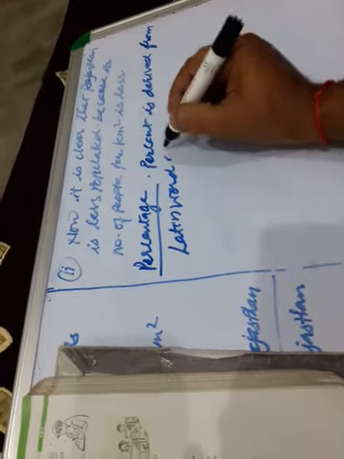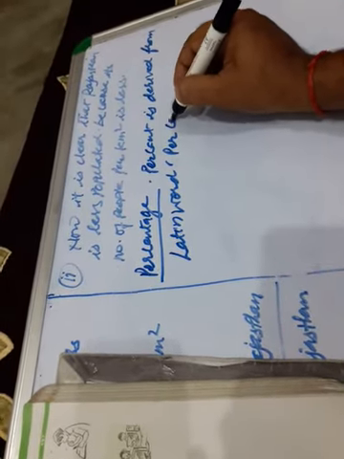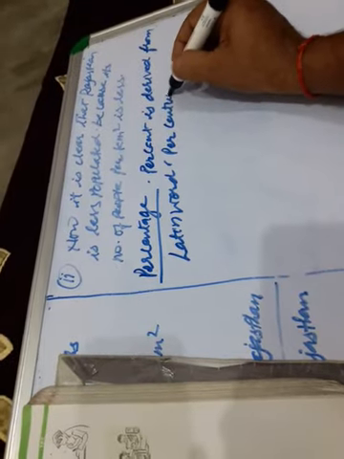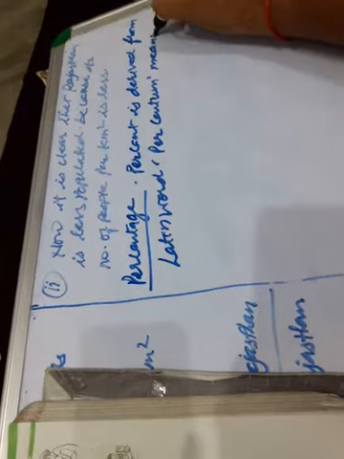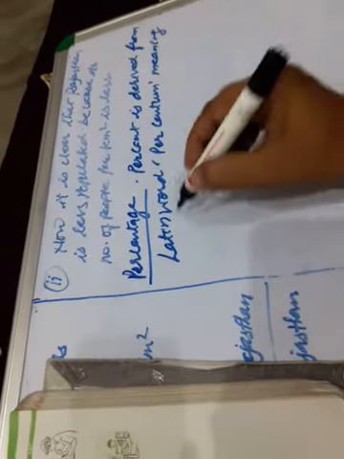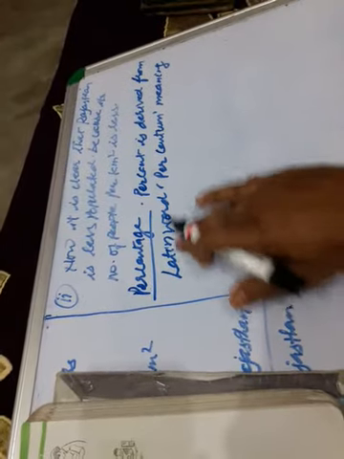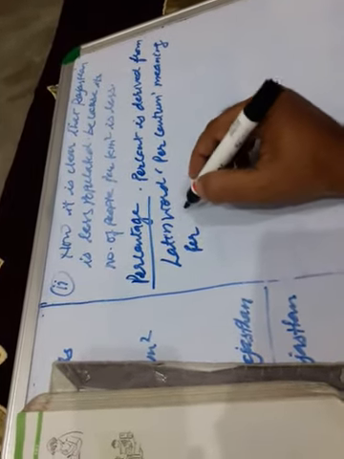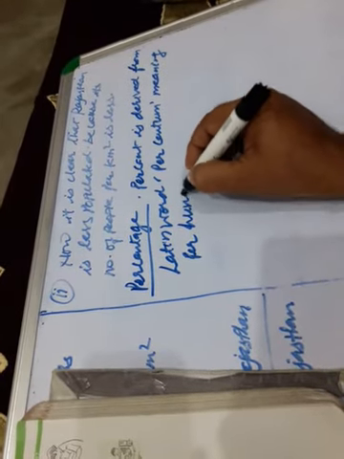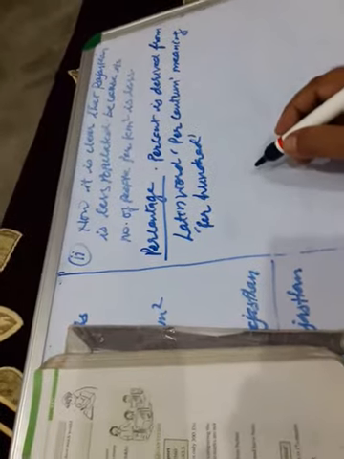Its original word is percentum. What is its meaning? Percentum means per 100. It is per 100. So how can you define it?